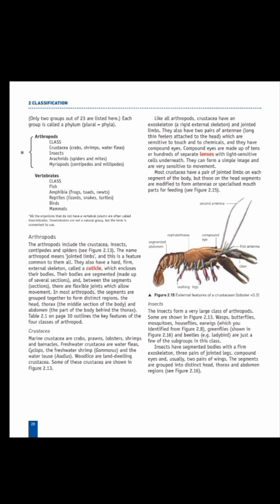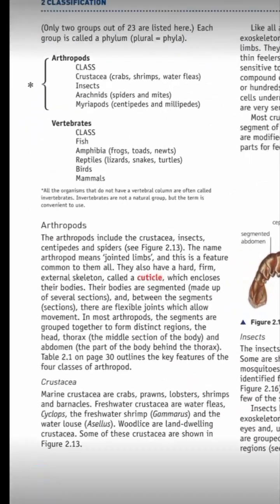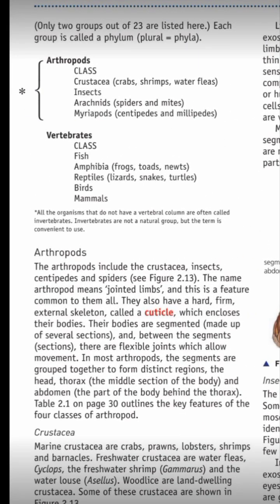Now we discuss the phylum and the class. Each major group of animals is called a phylum, and the plural is phyla. There are 23 phyla that are basically listed, but we study only two, that is the arthropods and vertebrates.